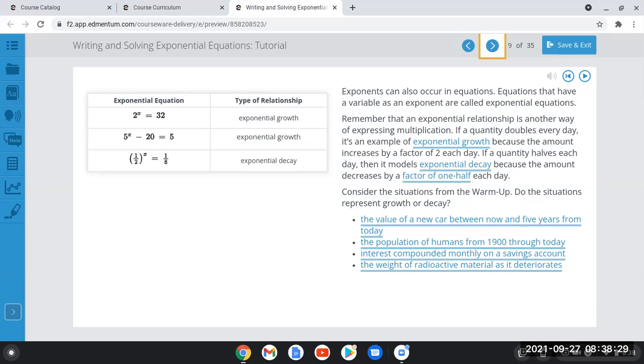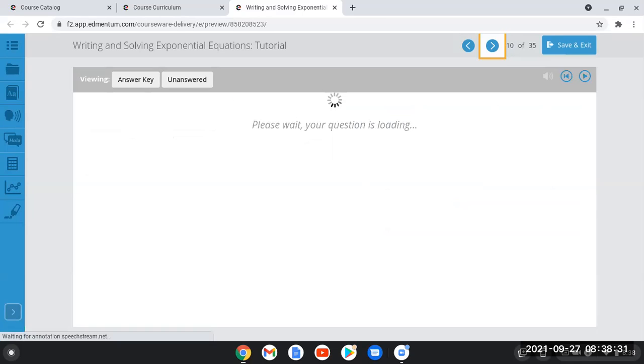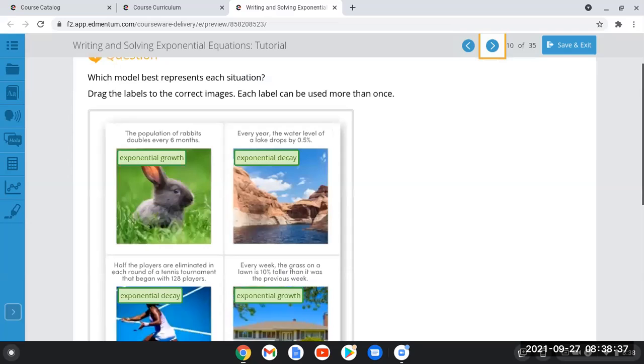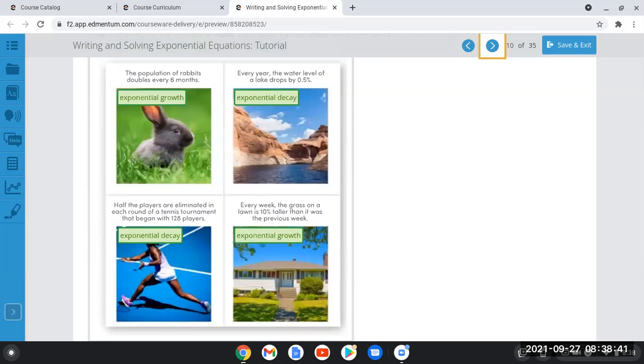So here are the examples. The population of rabbits doubles every 6 months. That's exponential growth. Every year, the water level of a lake drops by 0.5%. That's decay because the water is getting smaller, as you can see in the picture.